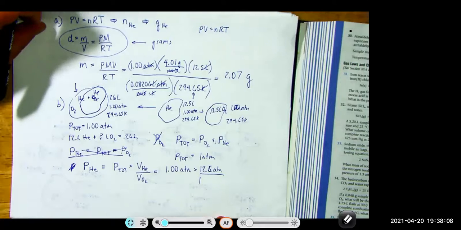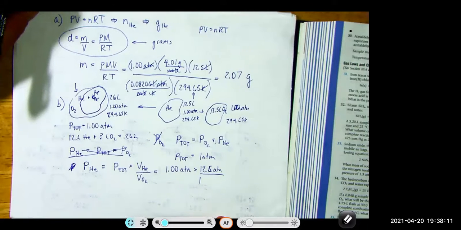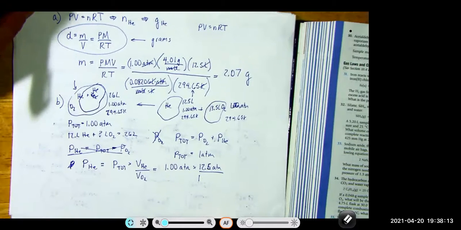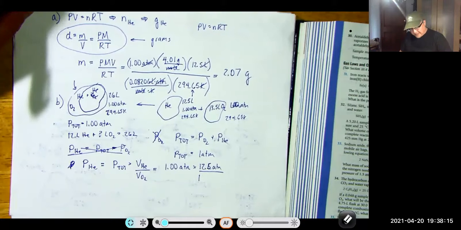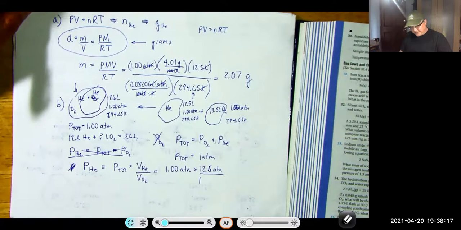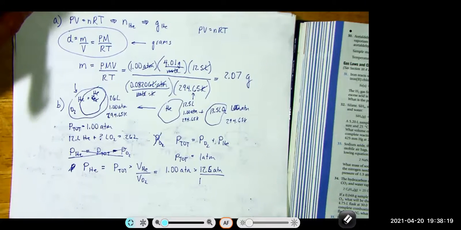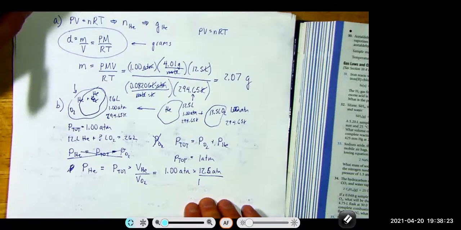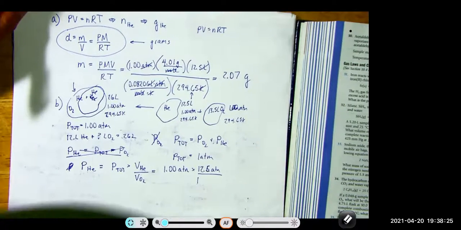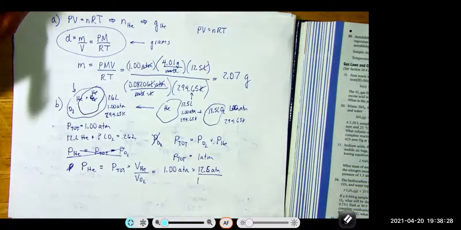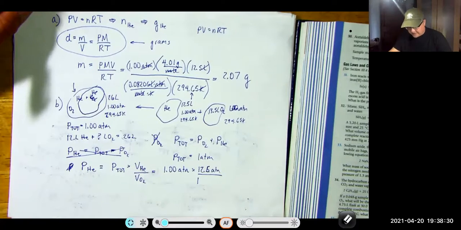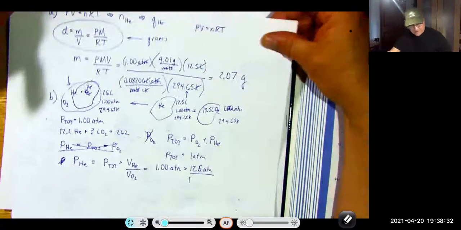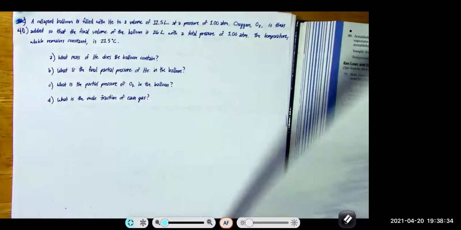So the ratio of volume is the same as the ratio between the pressures. Yeah, it is. Because we're using the ratio of the volume of the helium to the volume of the O2 to come up with the partial pressure. I'm trying to find a way to mathematically show you that, but I'm just having a brain fart right now. It's getting late, yeah.